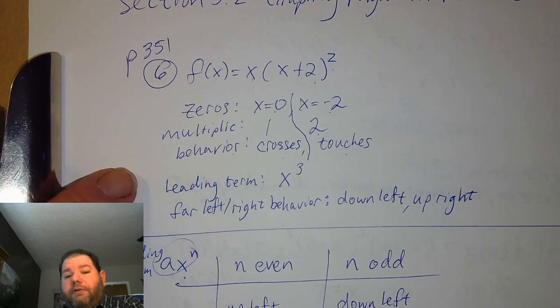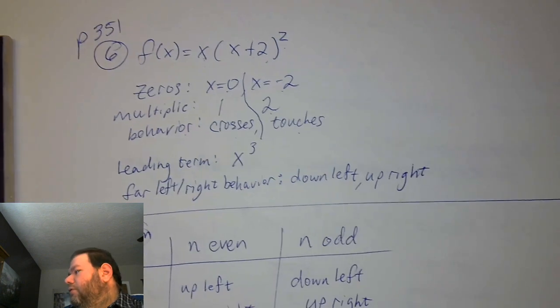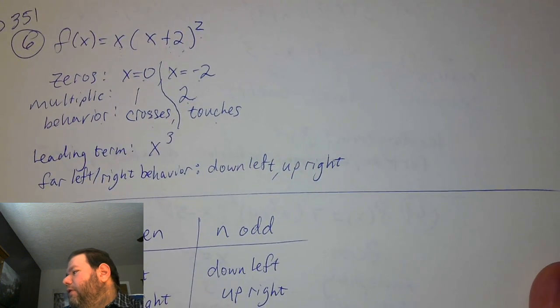Well, we're not done with this problem. We still have to graph it. But I wanted to pause and make sure we're okay with that far left and far right behavior. So, like I said, we still need to graph this.